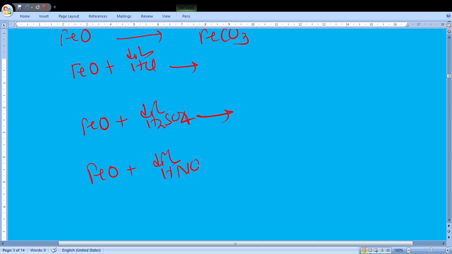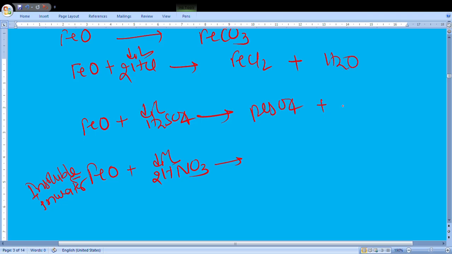Actually this FeO is insoluble, so to make it soluble, it can be treated with either dilute HCl or dilute H2SO4 or dilute HNO3. So you will get FeCl2 plus H2O, FeSO4 plus H2O, and your Fe(NO3)2 plus H2O.